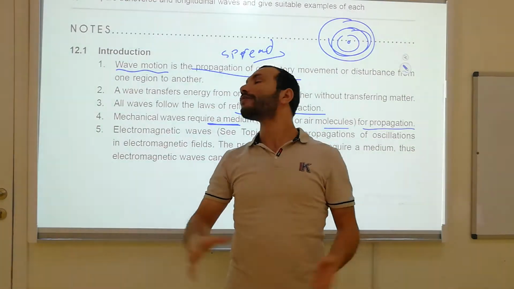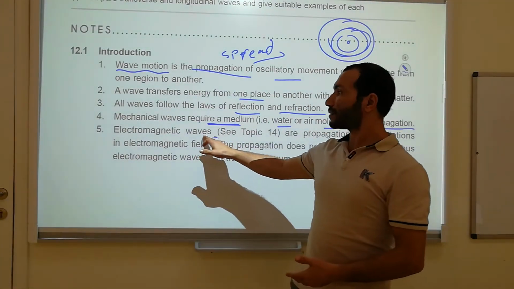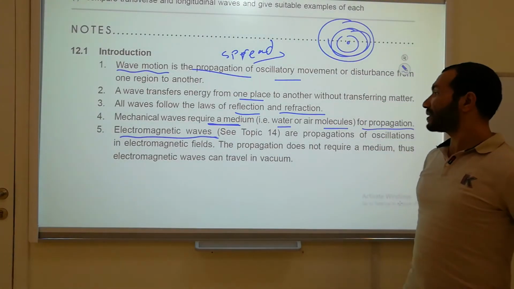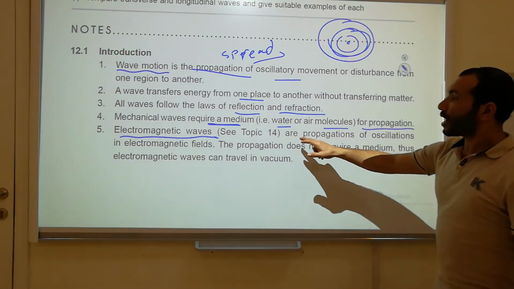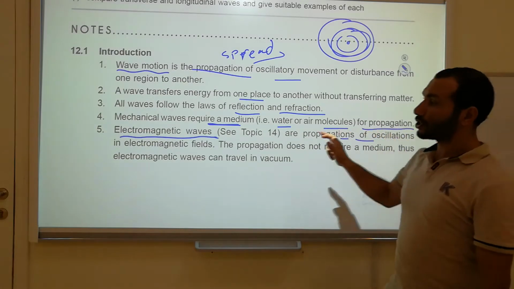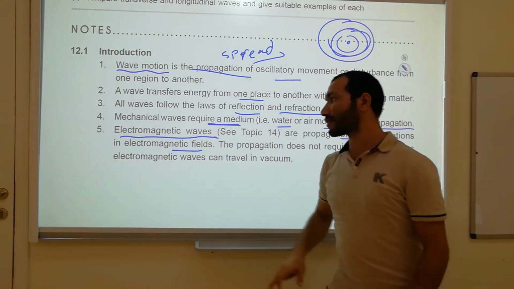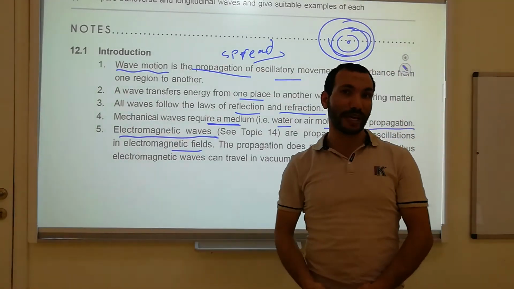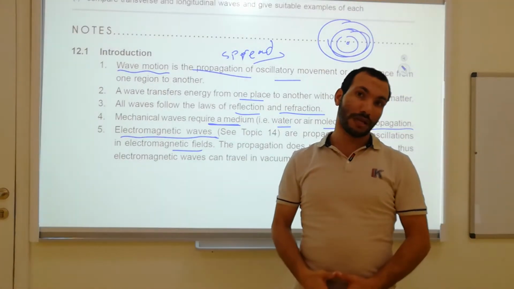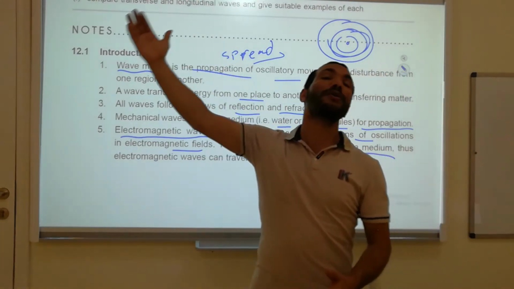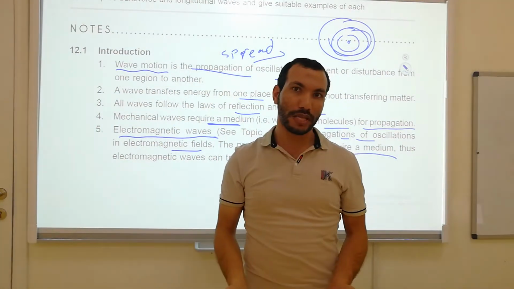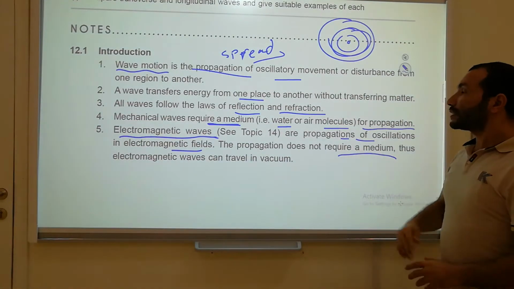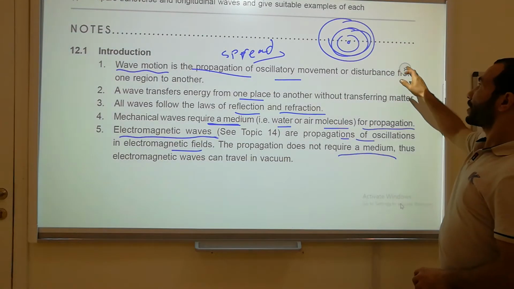Electromagnetic waves can move without any medium, because they are a propagation of oscillation in electromagnetic fields. They can move through space, like the light of the sun. Light comes from the sun through space without any medium, and we will explain this next inshallah. It can move through the vacuum.